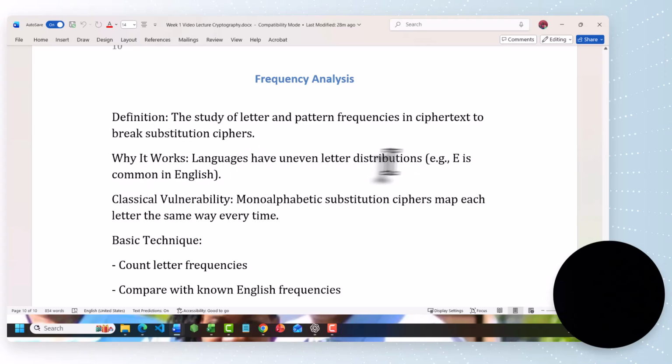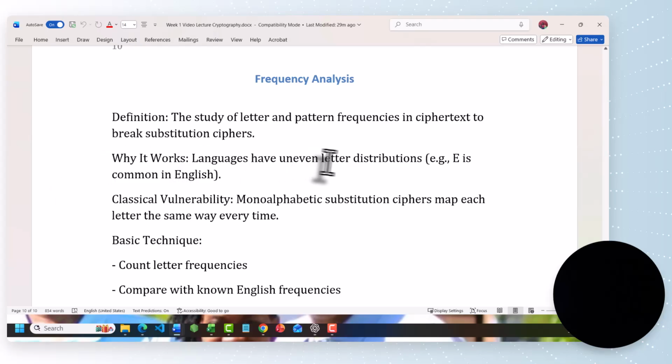That's what we have when we talk about substitution ciphers: substituting data, substituting one letter for another. We're going to talk about transposition ciphers later, and other types of ciphers.